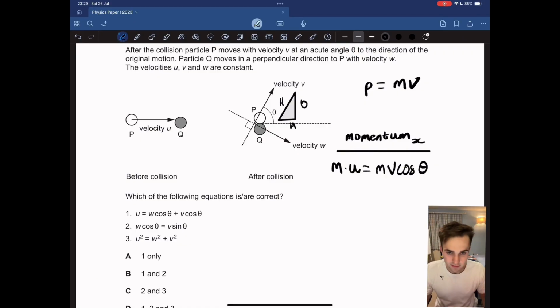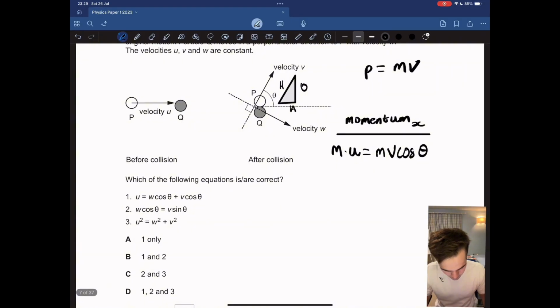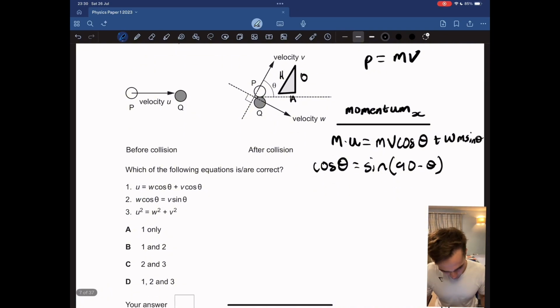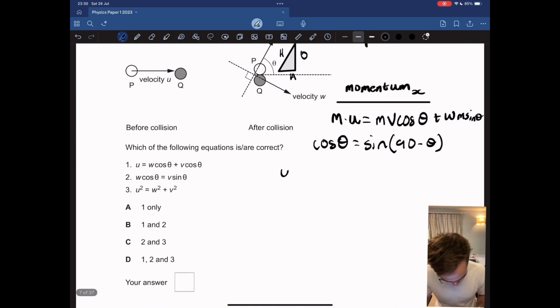It's 90 minus theta, so we convert to sine because cos theta is equal to sine of 90 minus theta. That's a good tip. So that's plus mw sine theta. The m's cancel, so we get u equals v cos theta plus w sine theta.